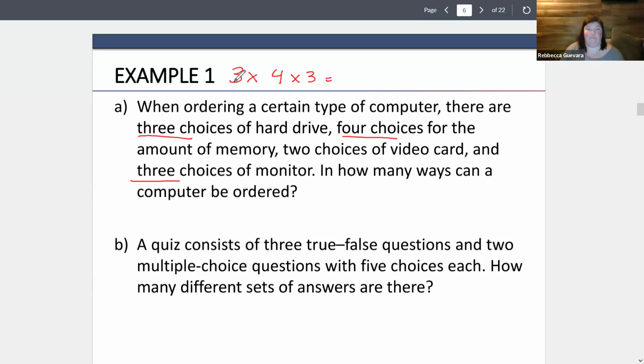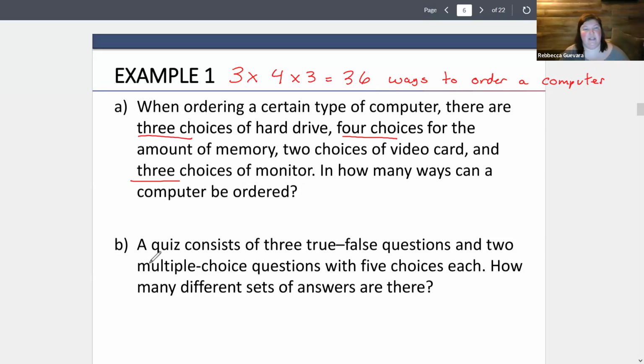So I can have 3 different choices of hard drive, 4 different choices of memory, and 3 different monitors available to me. So this is going to be 36 different ways I can order it. So if I'm trying to order the computer from this certain place, I have 36 different ways that I can do it.